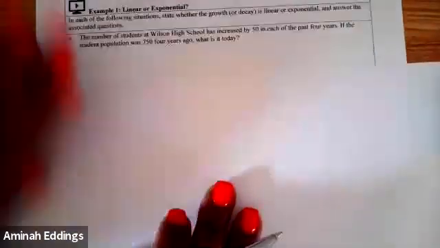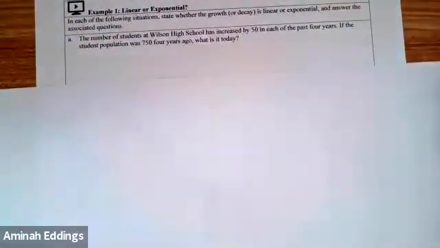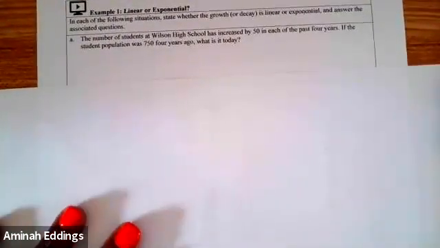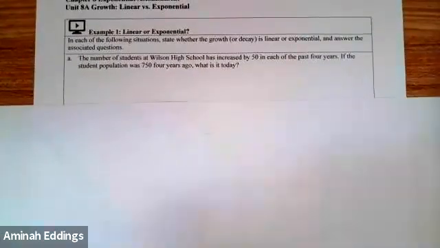All right, so the next one. The number of students at Wilson High School has increased by 50 in each of the past 4 years. If the student population was 750 4 years ago, what is it today? So first of all, linear or exponential growth or decay?